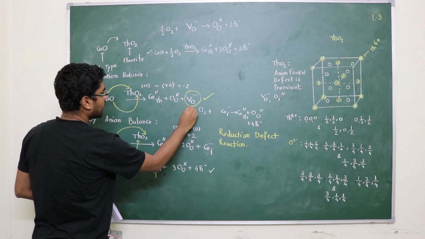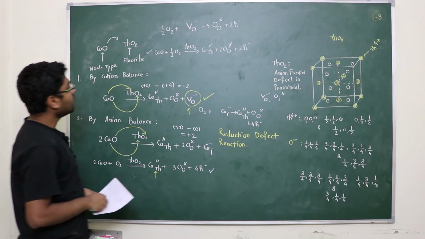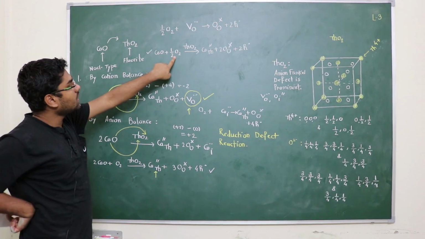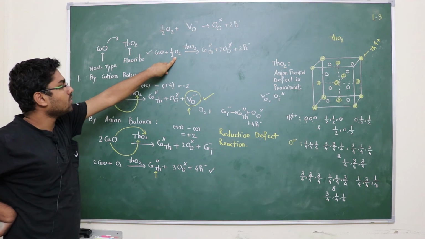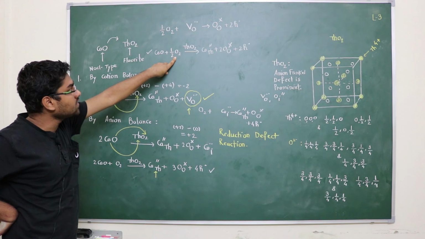So you can show that the concentration of these defect species, CaO, vacancy of oxygen, depends on the partial pressure of oxygen.